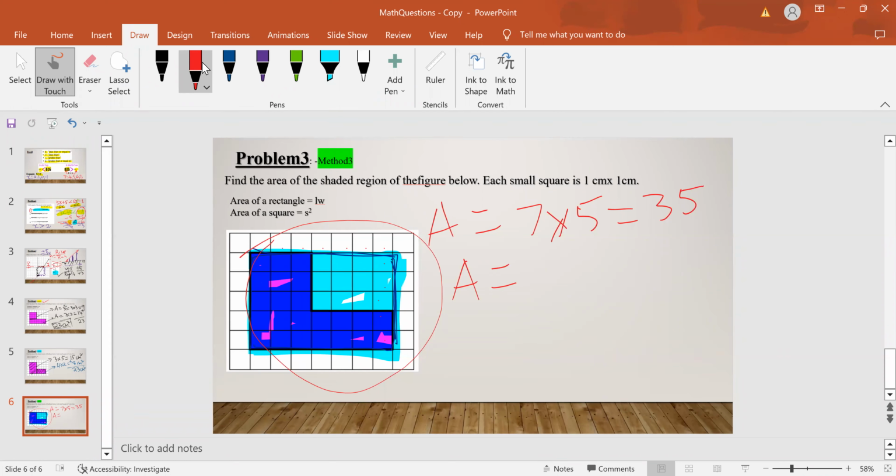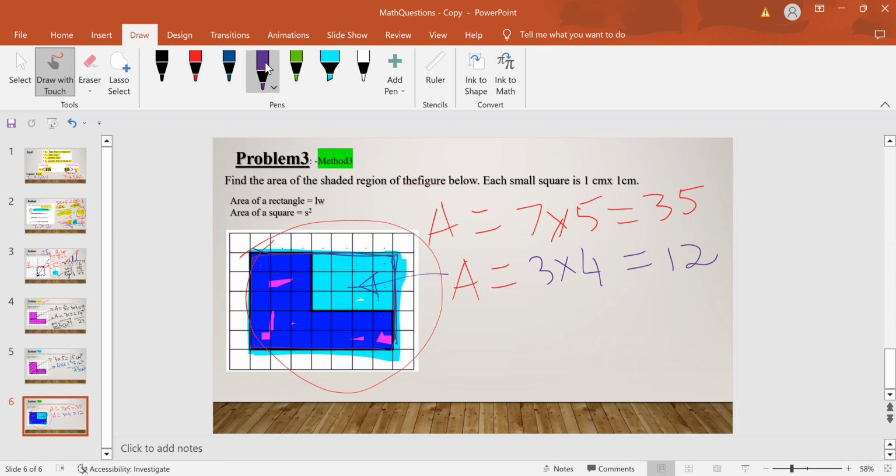Now we're going to find the area of the light blue. So this side here, the light blue, is another small rectangle there. So we have 1, 2, 3, and 1, 2, 3, 4. So 3 multiplied by 4 gives you 12.